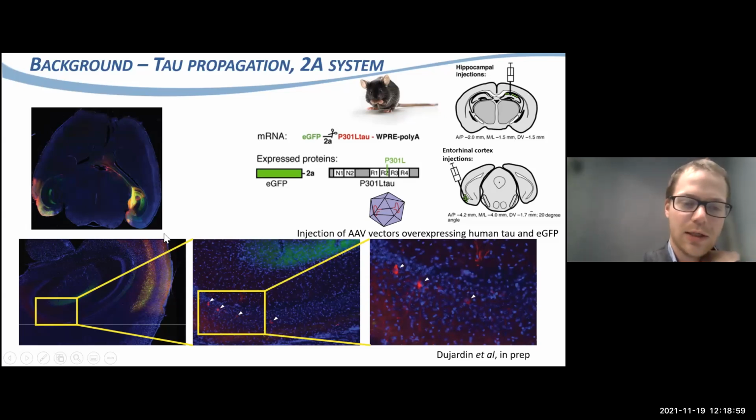When you take a closer look at the injected side of the entorhinal cortex, you can see neurons that are only tau positive, which is basically a sign that it's not a neuron that was transduced by the AAV because it doesn't have the GFP signal, but it has human tau. And because we added human tau only with this AAV, this means that these are the recipients of tau propagation.